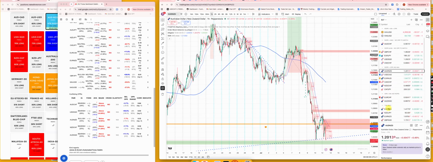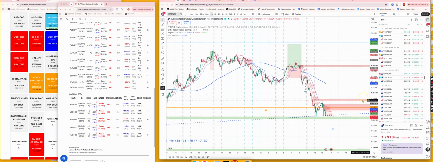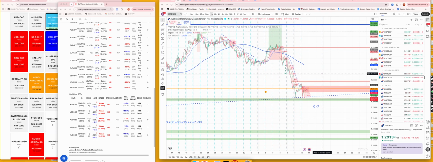So how are we going with that? No relative OPR. It was 0 last night. It is now -7. This is not necessarily a bad sign because that was the Asian session.